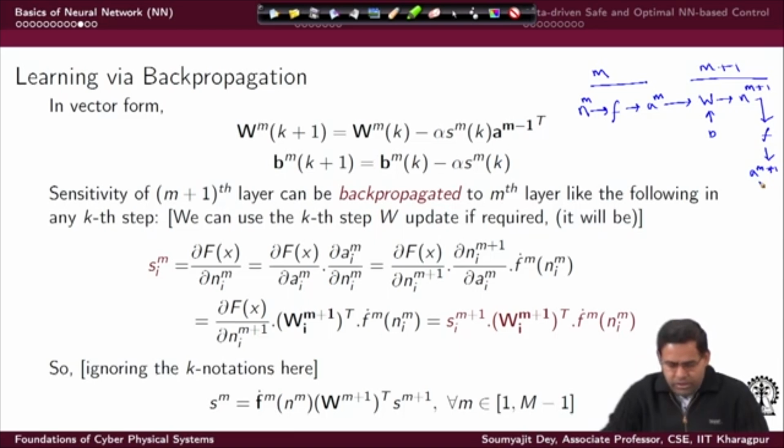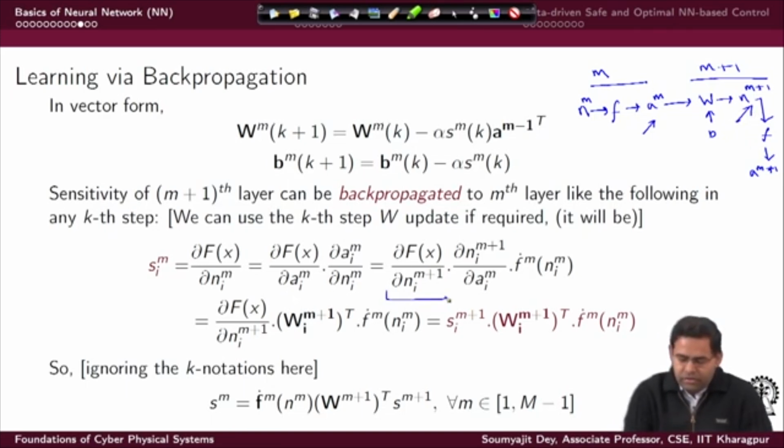So what we are saying is, we have the loss with respect to A in the mth state, which is this, but rather than that, let's express it in terms of this. We will see why. So instead of writing this, you can write del F del N of m plus 1, and then take the derivative of N of m plus 1 with respect to the derivative of Am.